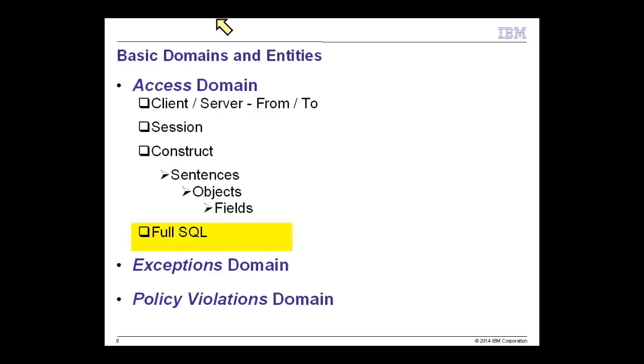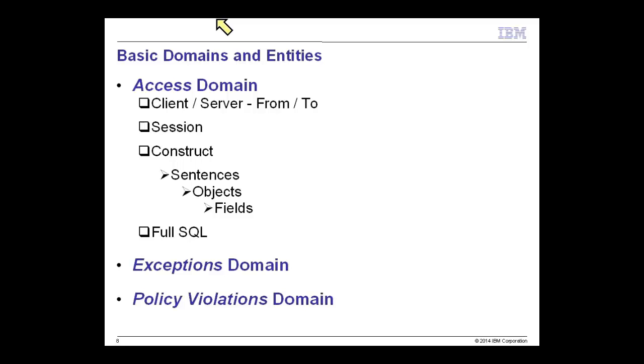And then we have the full SQL, which is collected on demand. We have to define it in the policy, and it's the one that will contain the full SQL statement as it was issued to the database, with the values. And there are other entities. This is the very high-level view of the access domain.